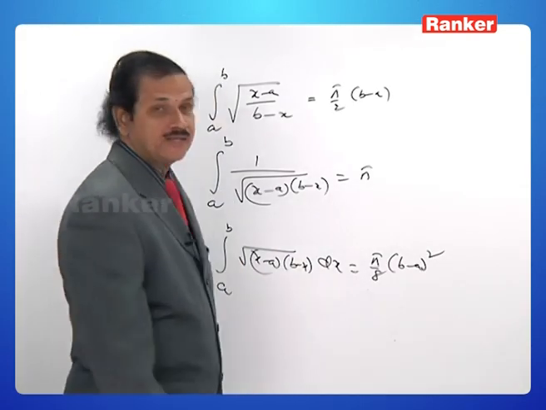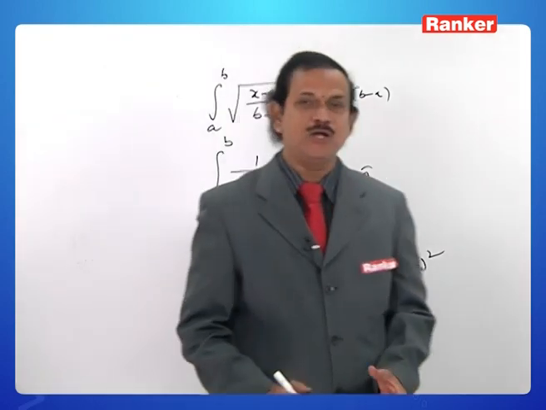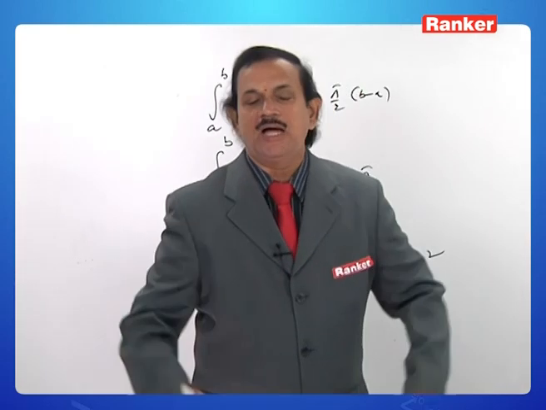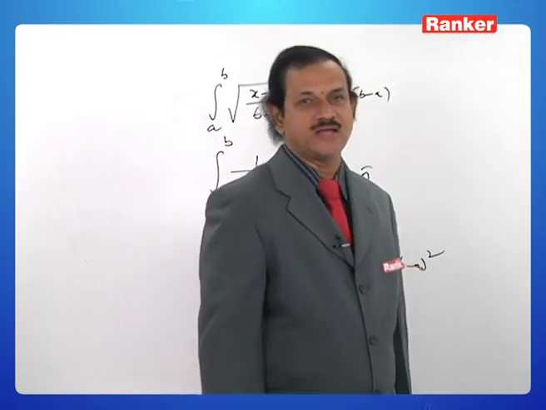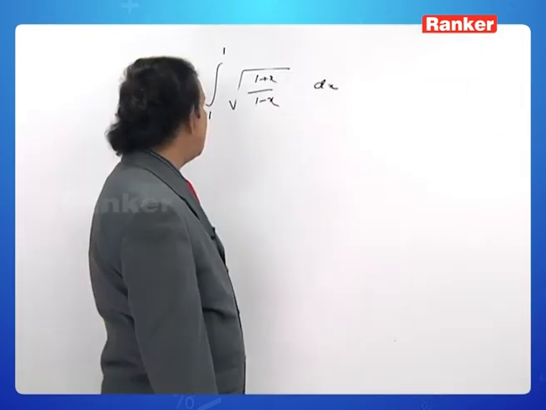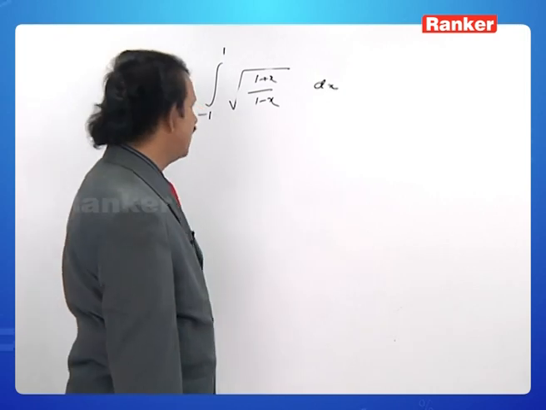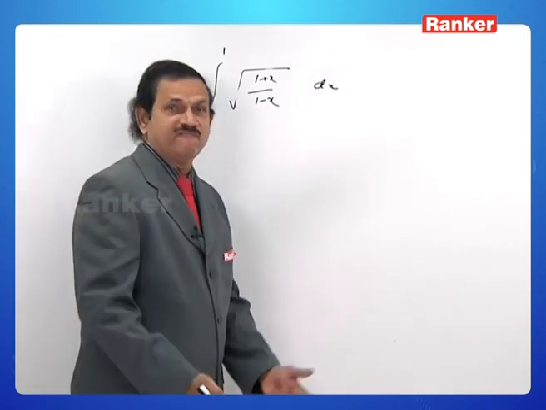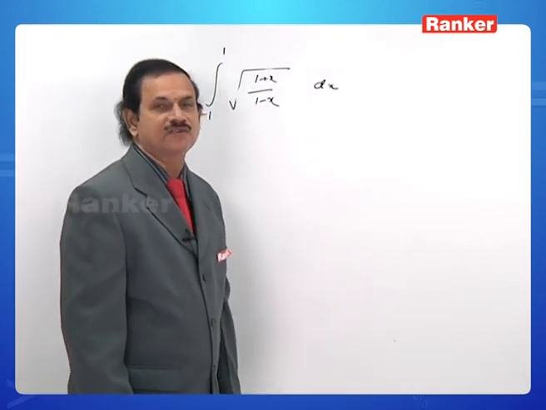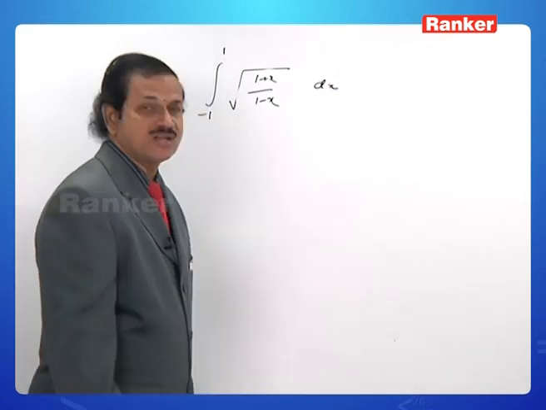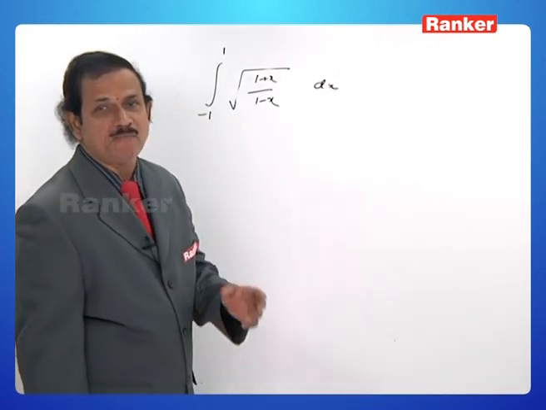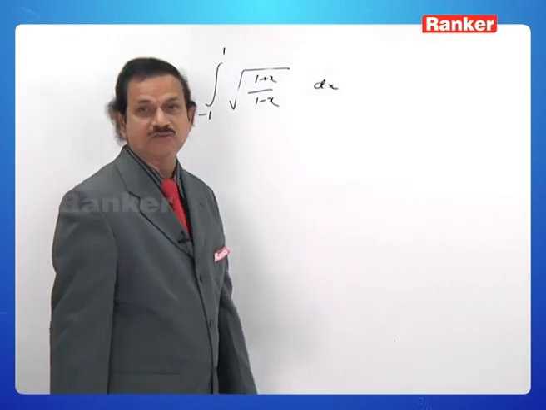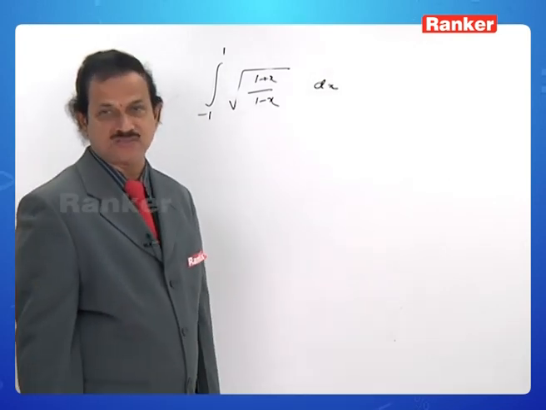They will be remembered only when you solve as many problems as you can. Let us start. As the question is given from -1 to 1, you may wish to test whether it is an odd function or an even function. You observe it is neither even nor odd, so you cannot use the formula which we discussed previously.